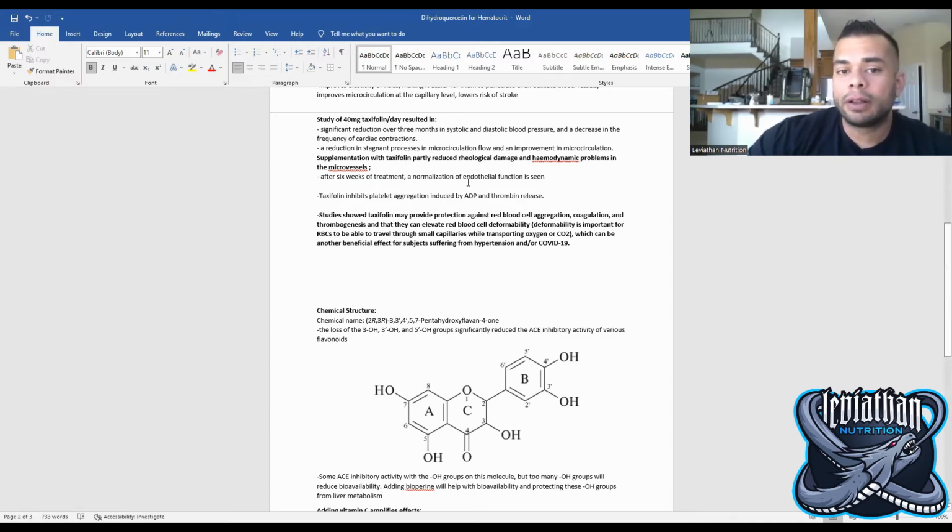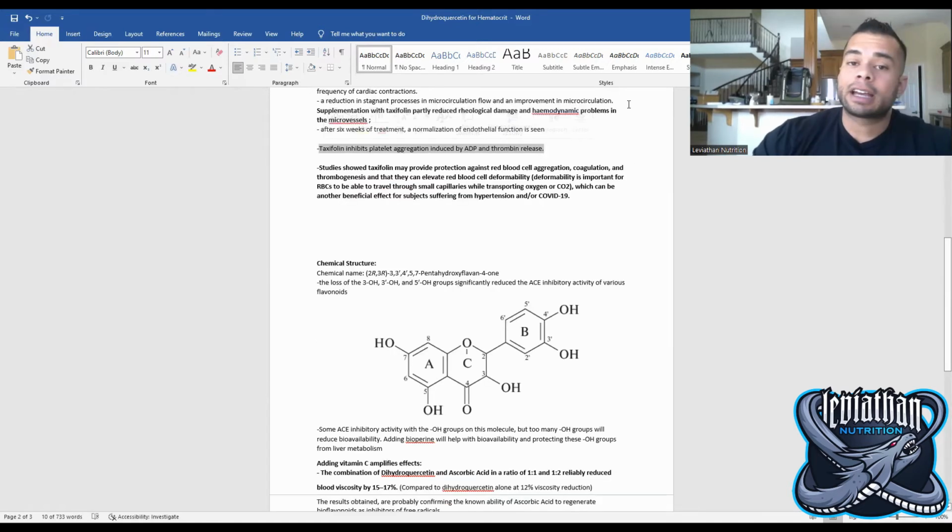Supplementation with taxifolin also partly reduced rheological damage and hemodynamic problems in the microvessels. So after 6 weeks of treatment, a normalization of endothelial function is seen for those who are suffering from high blood viscosity issues. And taxifolin also inhibits platelet aggregation induced by ADP and thrombin release, just to get more technical.